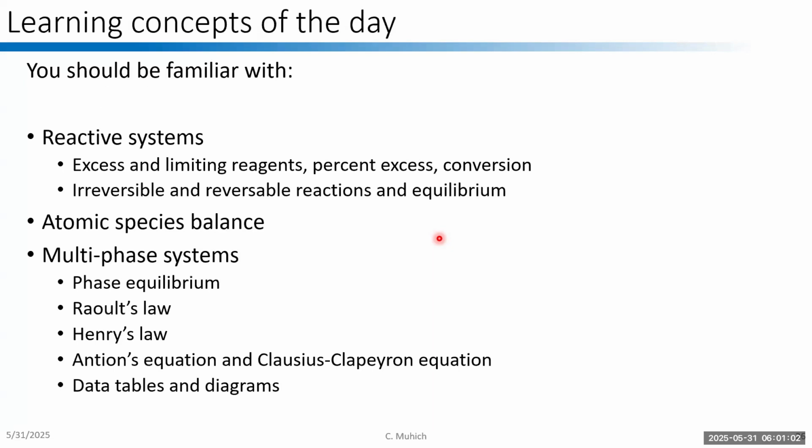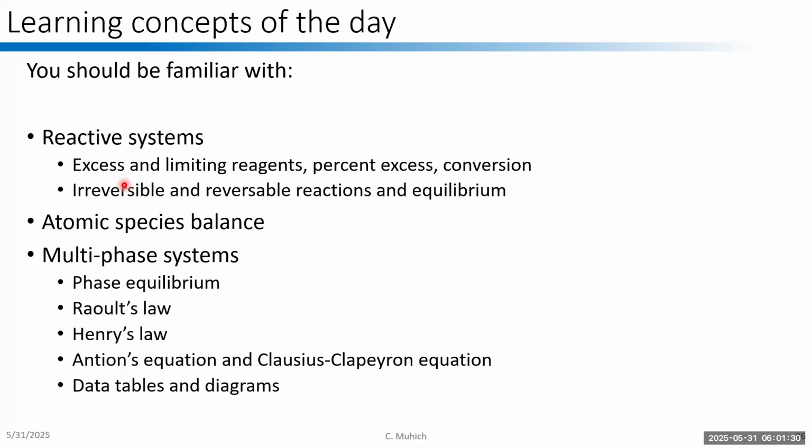Okay, so that's it for mass and molar balances. You should now be familiar with, in reactive systems, the idea of excess and limiting reagents, percent excess and conversions, irreversible and reversible reactions and equilibrium, and of course, how we can incorporate this information into mole and mass balances.